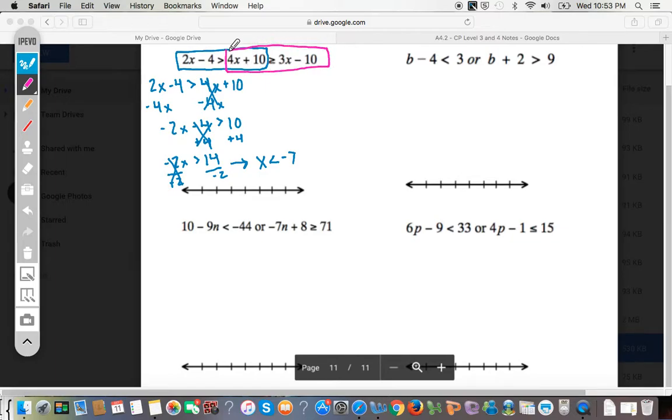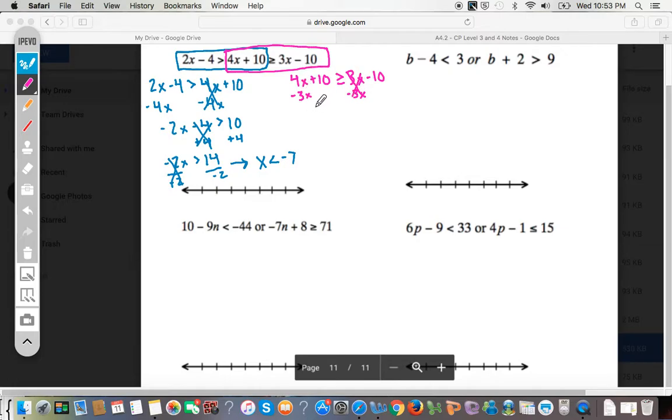So now I'll take a look at this side. So I have 4x plus 10 is greater than or equal to 3x minus 10. Okay, so I will subtract 3x from both sides. So that cancels.